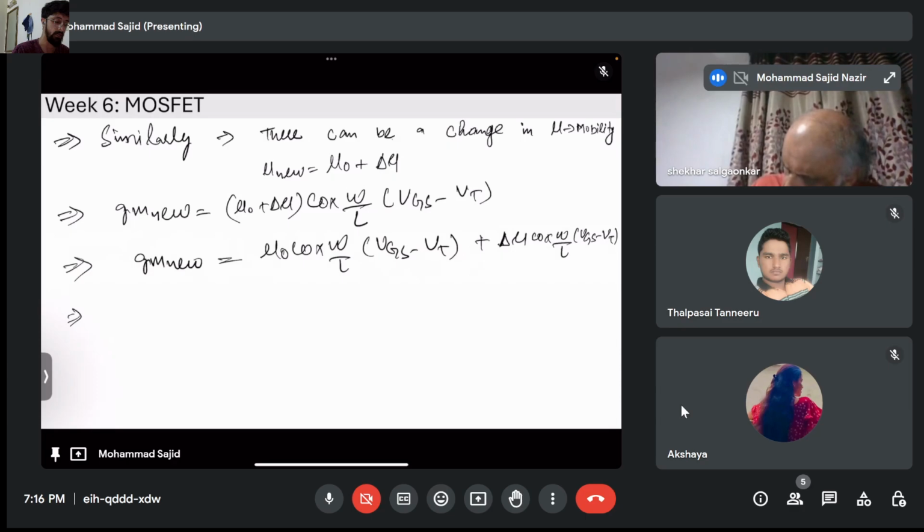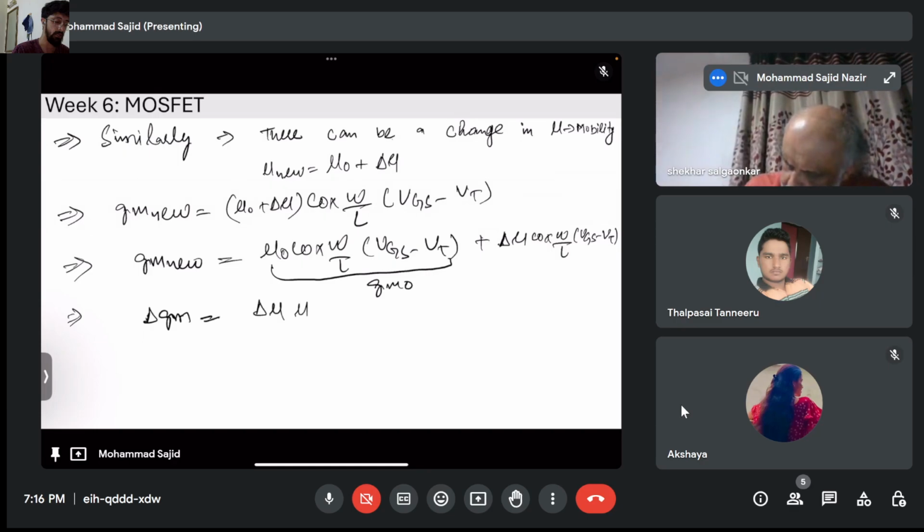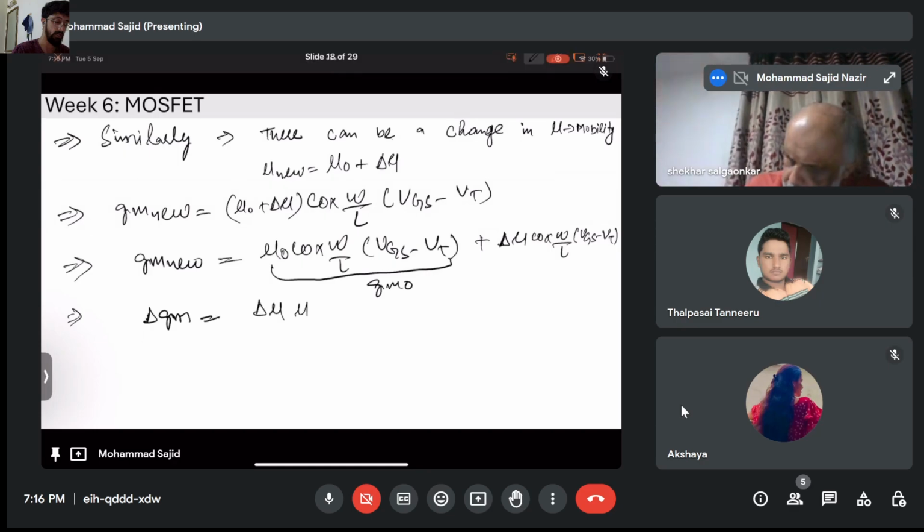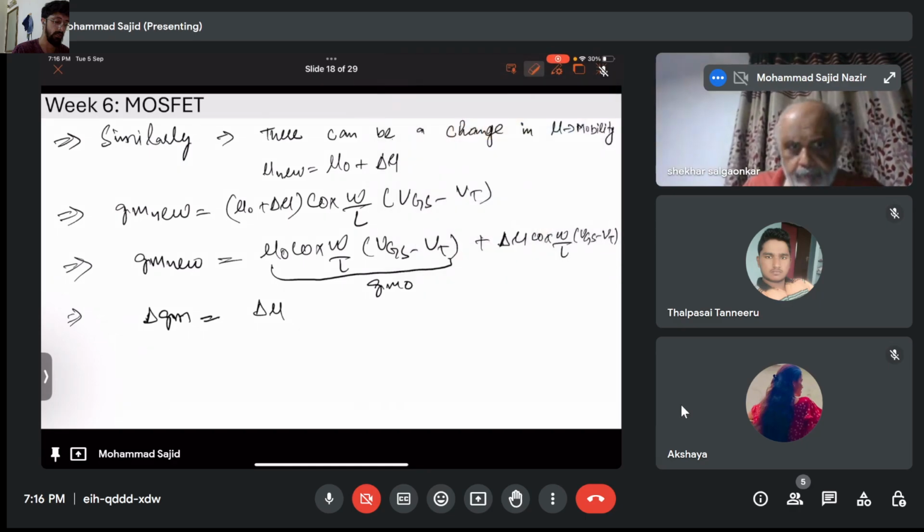Once you do the same steps, let's say this is GM naught, GM new minus GM naught will be delta GM, so this will be delta mu C ox W by L VGS minus VT.